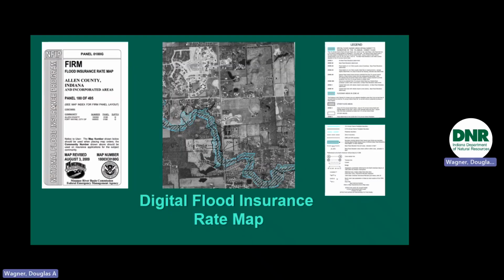Portions of an older DFIRM are shown here. DFIRMs are county-wide maps that use aerial-based maps. Currently, there are only 3 counties in the state that are yet to be updated to a DFIRM. Notice the floodway has diagonal white lines running through it, and the fringe area is covered with blue dots.